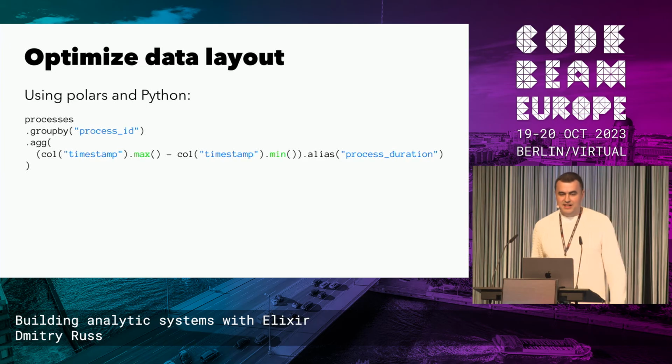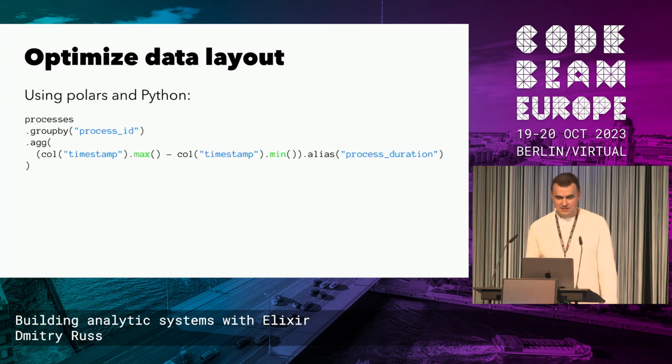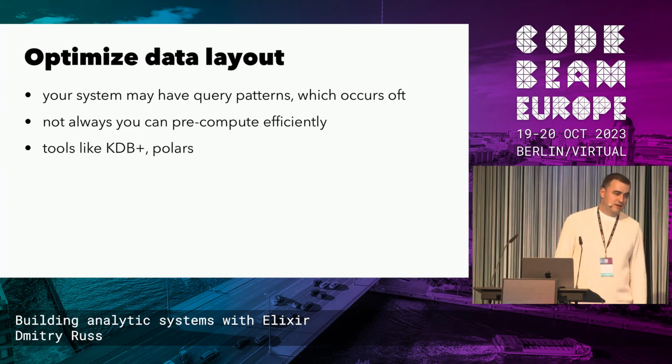And sorry, I have done this last example in Python instead of Elixir, but exactly this example should be possible to do in Elixir, a little bit more verbose than it is right now in Python. So why would you optimize your data layout?